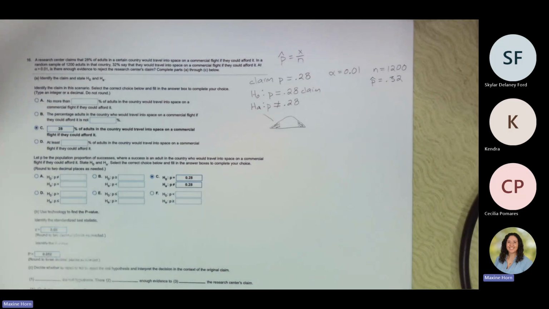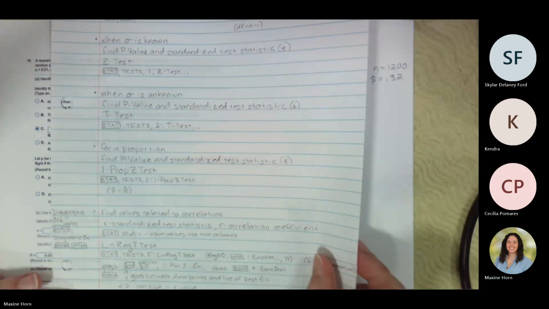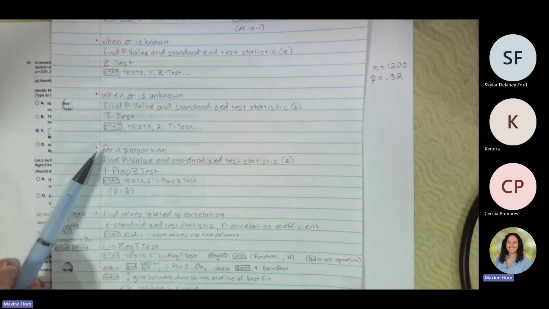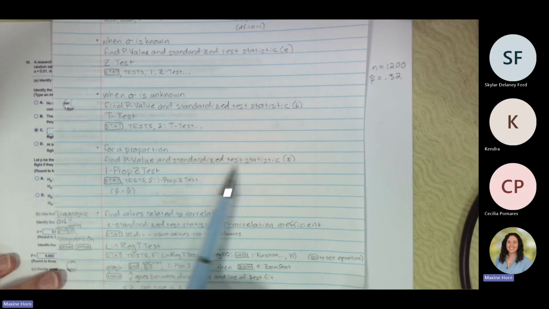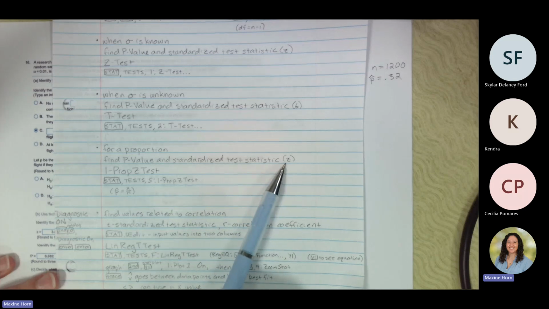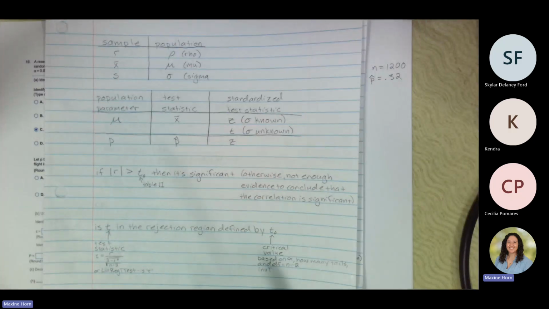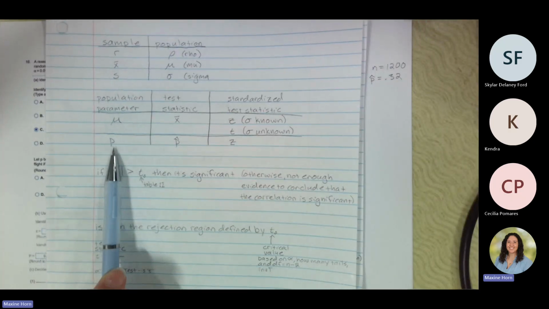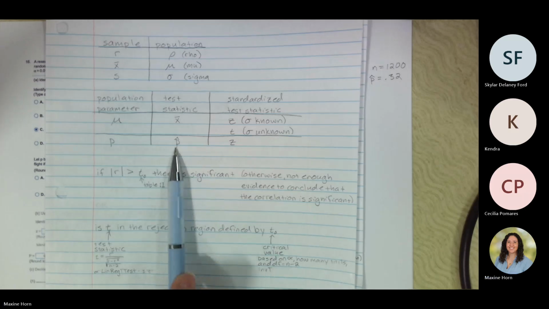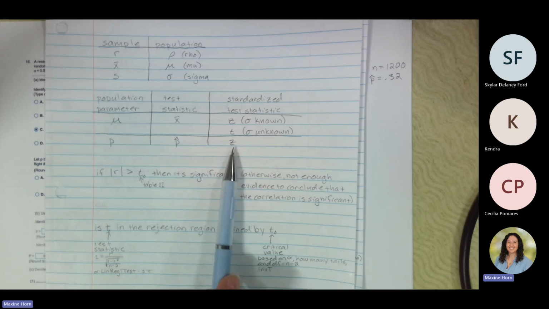Okay, so going back to our calculator sheet, for a proportion, we want to find our p-value and our standardized test statistic, which remember is the z. Go back to this sheet here, right? Our population parameter is the population proportion. P hat is our sample proportion, and our standardized test statistic is a z.